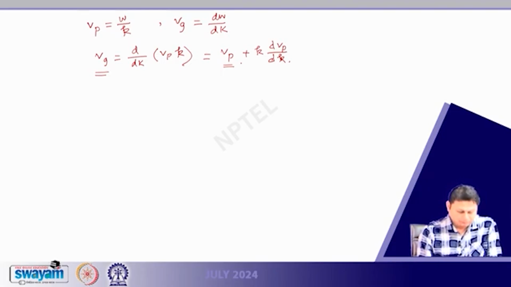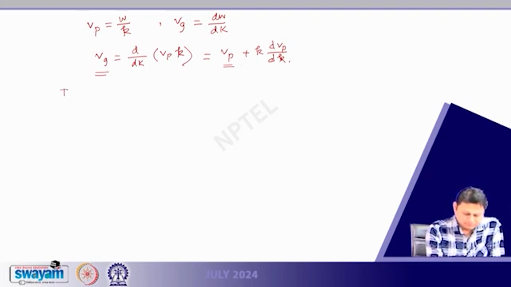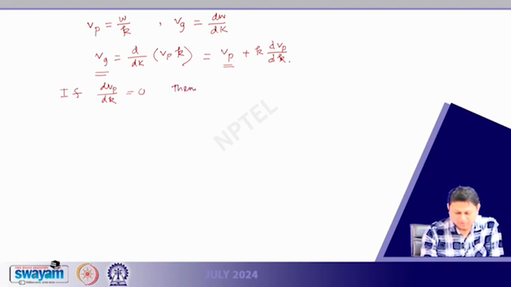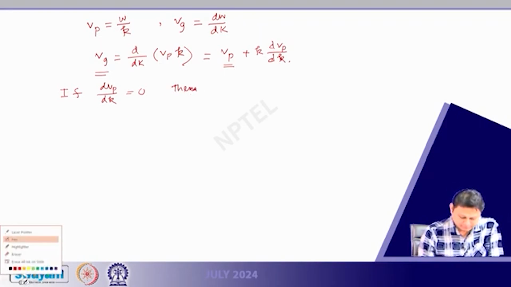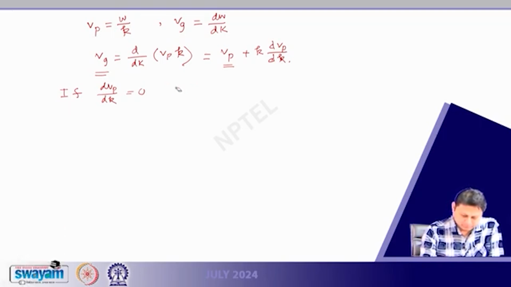So, if we had a situation when the change of phase velocity with respect to k vanishes, then we can have Vg equal to Vp.